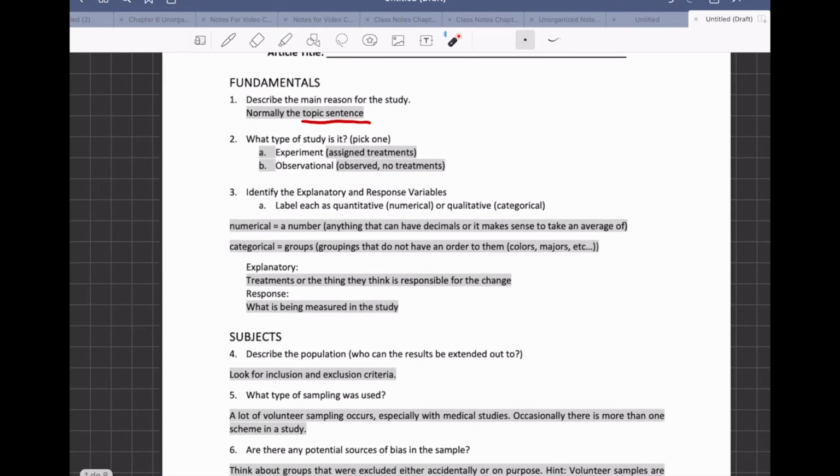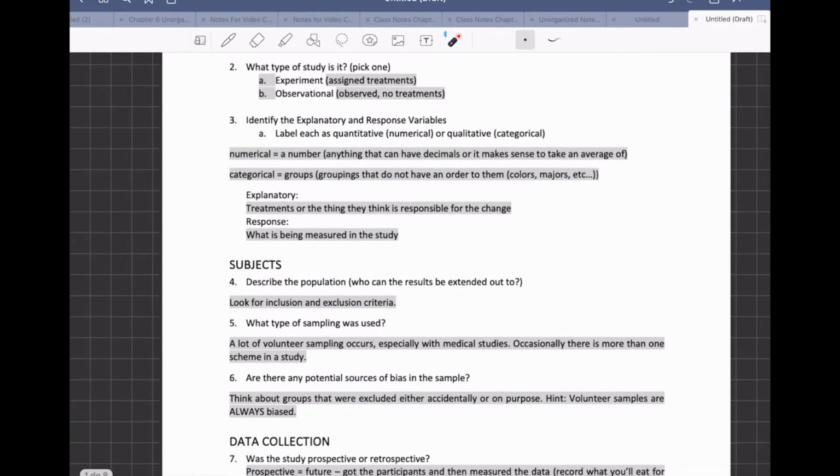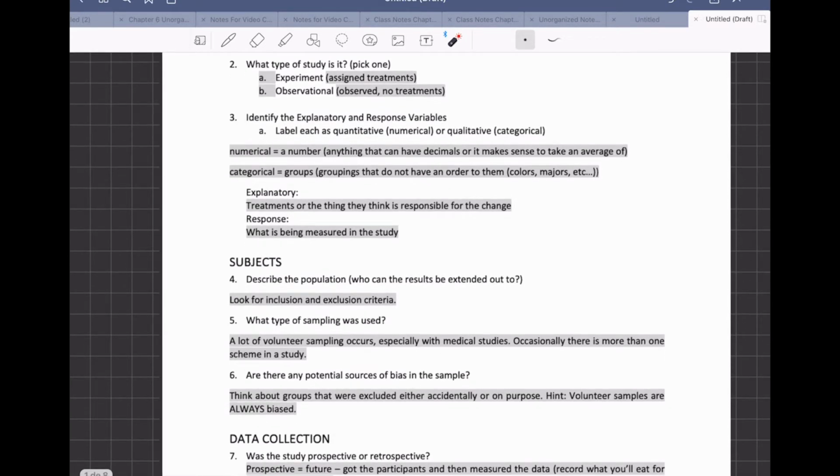Number three, identify the explanatory variable and response variable. And here we have some categories: numerical variable and categorical variable. Numerical usually is a number, and categorical is when you have several groups or categories for the outcomes of the variable.